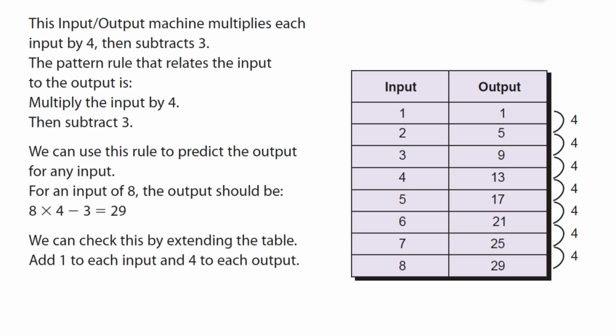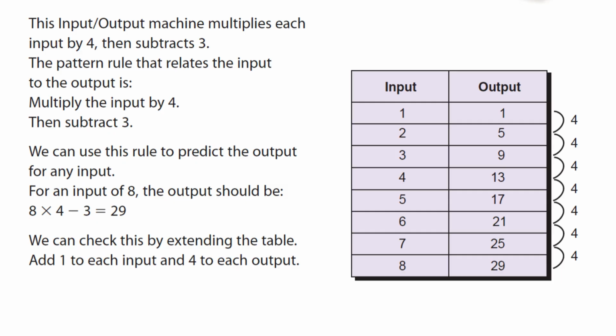All right, let's move on. With this table, we could also extend it. And if I wanted to extend it by 3 more rows, I could follow my input rule and my output rule. And of course, I could use the pattern rule that relates the input to output.